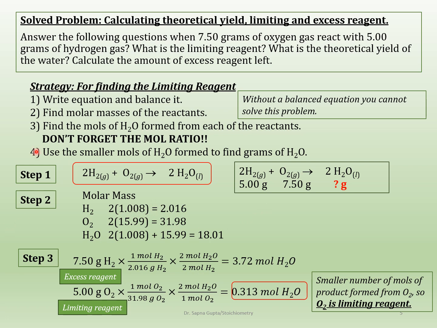So now the step 3, which is the main part over here, this is the bulk of the problem, is you have to find the moles of water formed, okay? So remember, I said here moles of water, not grams of water, moles of water. So you take both of these things, okay? You're going to do the same calculation with hydrogen. You're going to do the same calculation with oxygen. So when you do it with hydrogen, you're going to use the mole ratio of hydrogen to water. When you do it with oxygen, it will be oxygen to water.